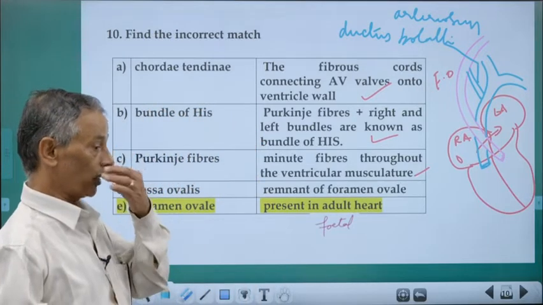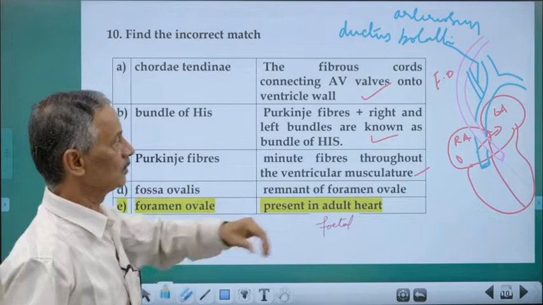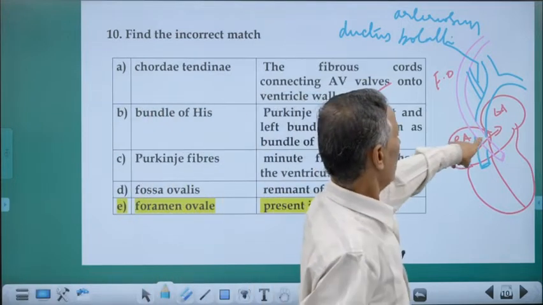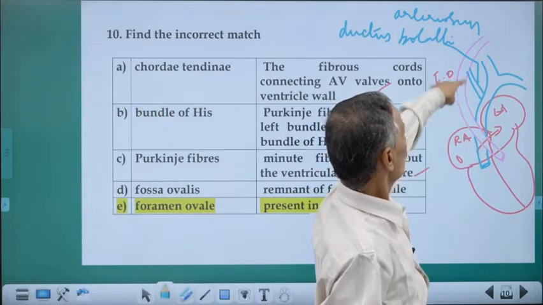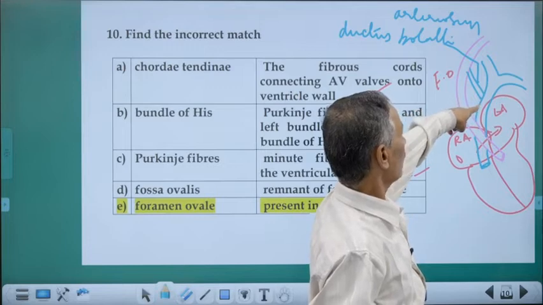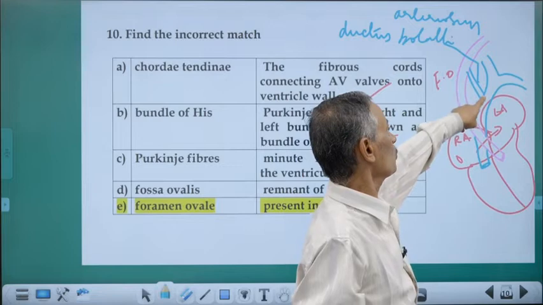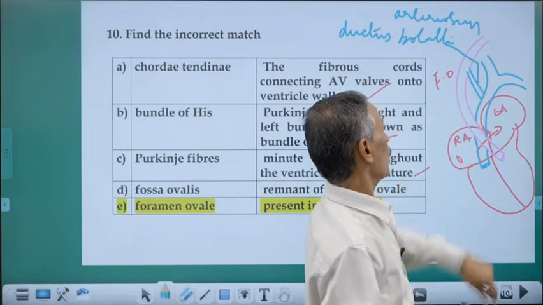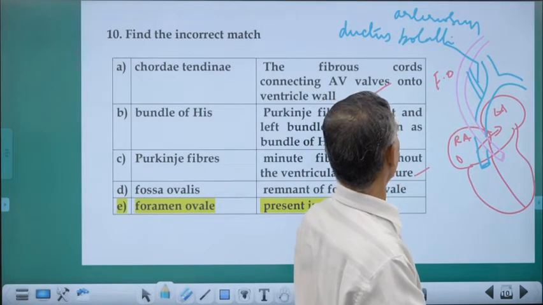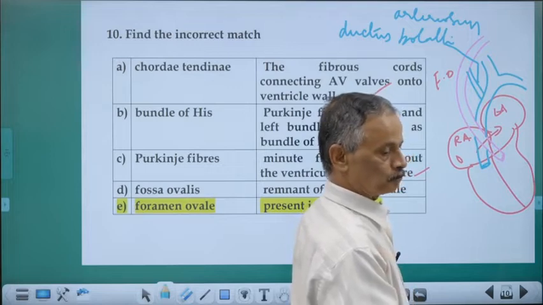So, what are the two peculiarities present in the fetal heart? One, presence of a foramen ovale. Two, a small blood vessel connecting the systemic with the pulmonary, so that any blood passing through the pulmonary is again given to the dorsal aorta.